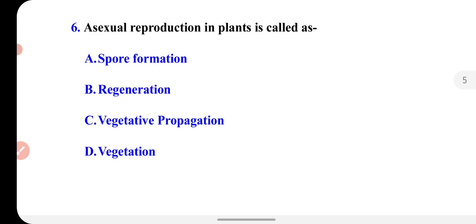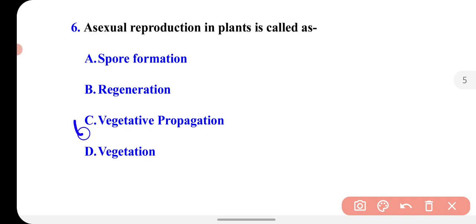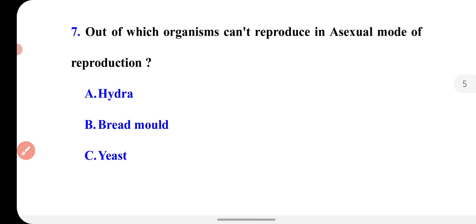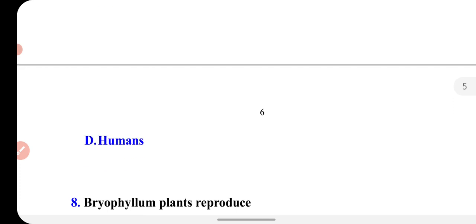The asexual reproduction that occurs in plants is called vegetative propagation, in which the vegetative parts of the plants take part to grow into a new plant, right? What are the vegetative parts of the plants? Root, stem and leaves. Now the next question is: which organisms can't reproduce in the asexual mode of reproduction? The last option is humans too.